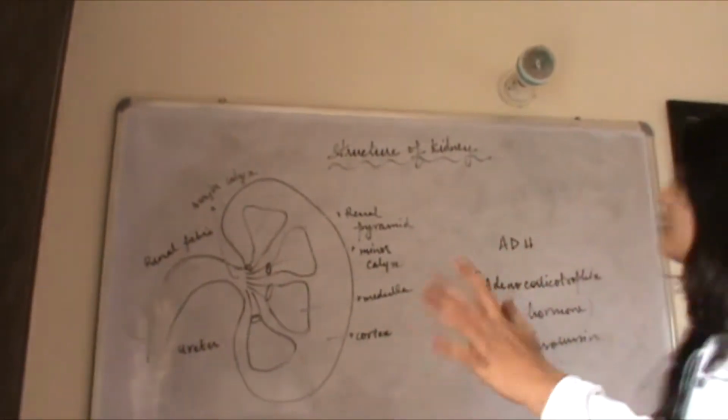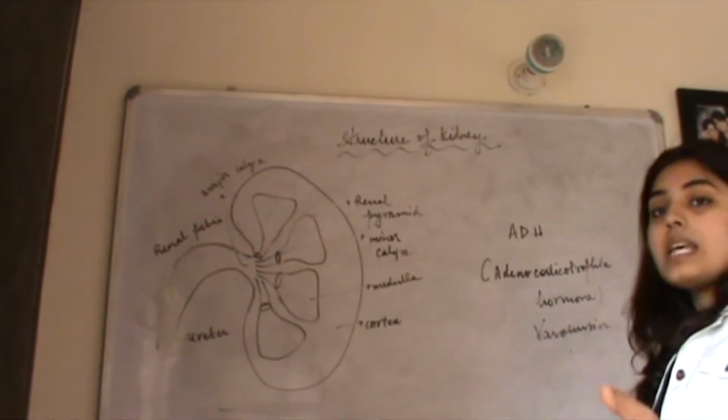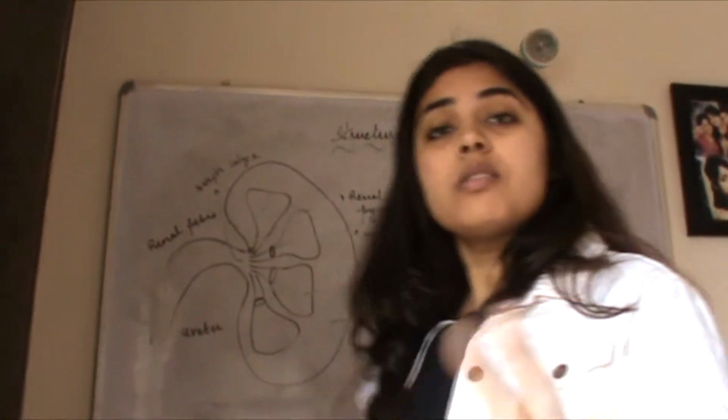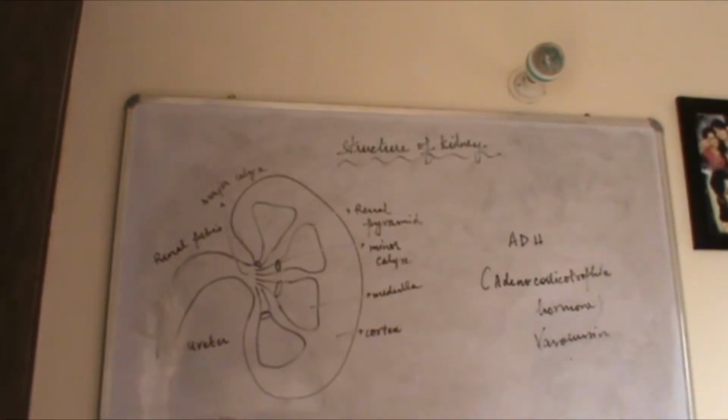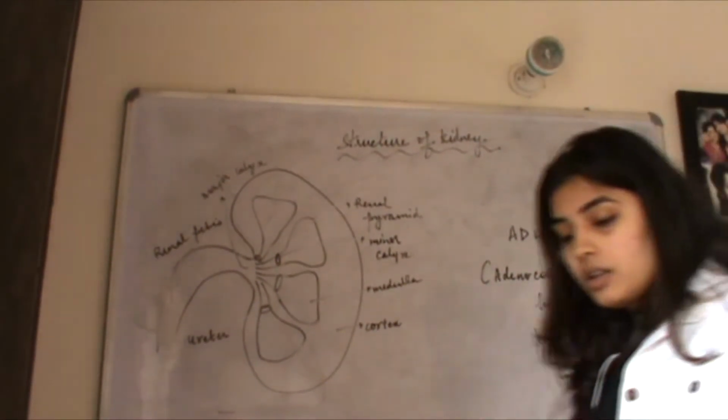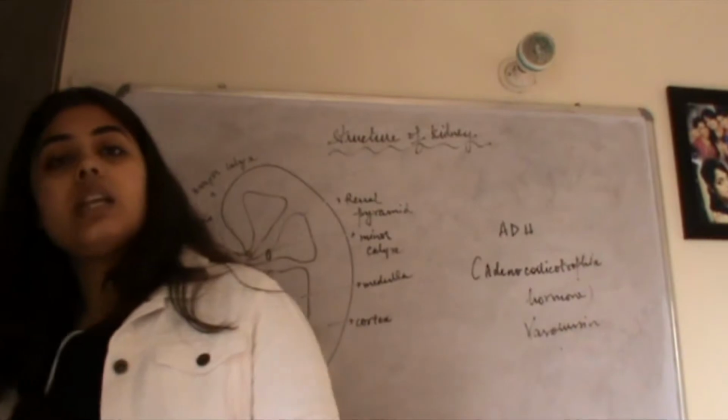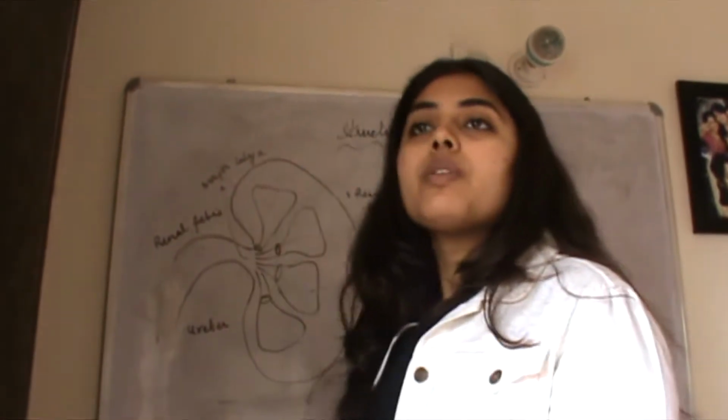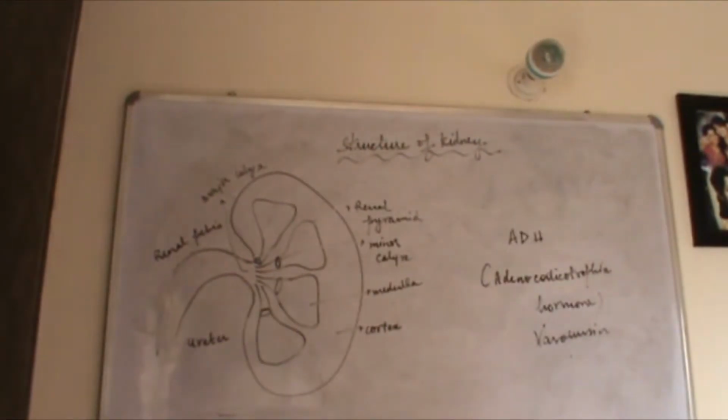So this hormone is mainly responsible in summers. It tells the body to absorb more and more water and eliminate less water. But in winters it commands the kidneys to release more and more water, because at that point in winters you don't require enough water.